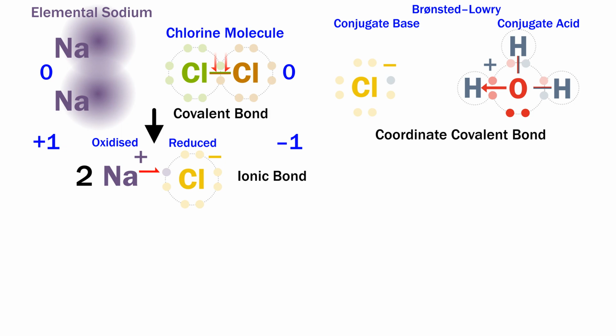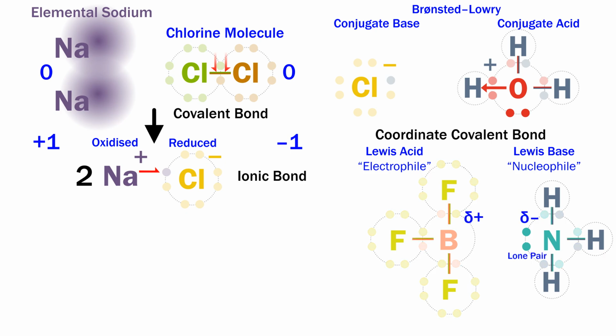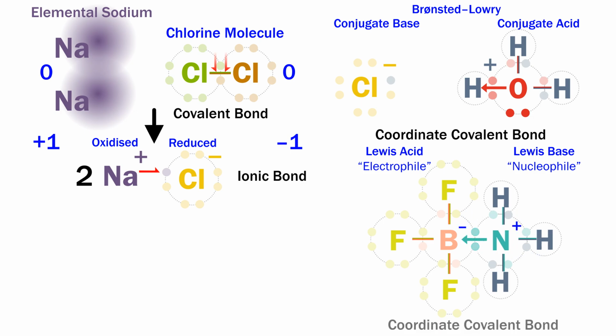This is not a redox reaction, as in either molecule the proton has an oxidation number of +1 and no electrons are transferred. Next, we have a Lewis acid-base reaction, which are extremely common as substitution reactions in organic chemistry. A Lewis acid that lacks an electron pair, or an electrophile, gains one from the Lewis base or nucleophile, forming a coordinate covalent bond. This is also not a redox reaction.